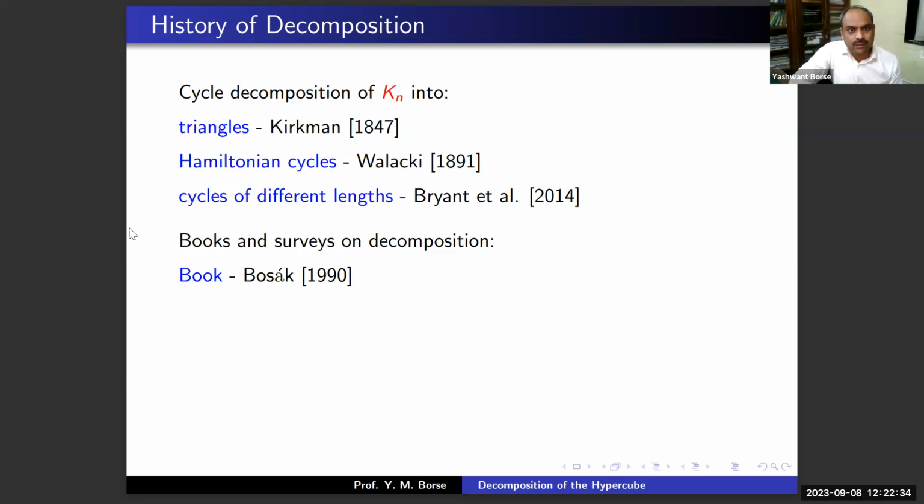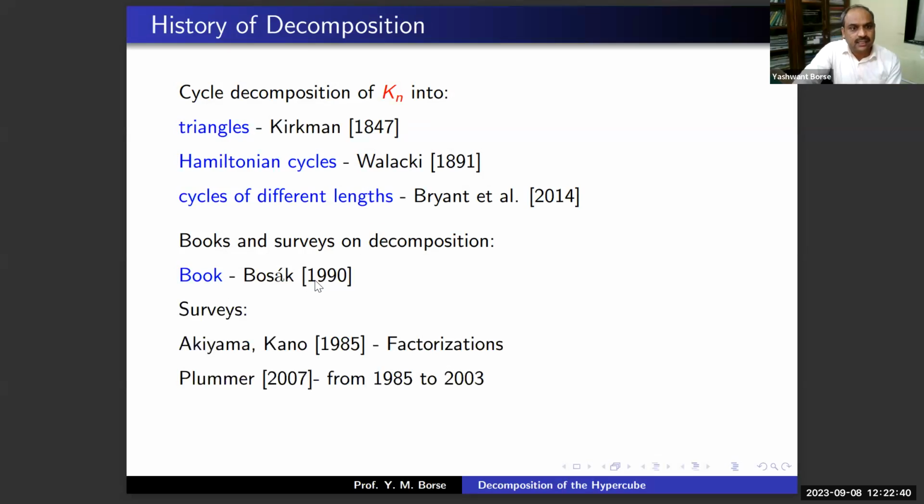There are books on decomposition. One is a book by Borse, from 1990. There are surveys. This 1985 survey is on factorization. A factor means a spanning subgraph, and factorization means decomposition into spanning subgraphs.